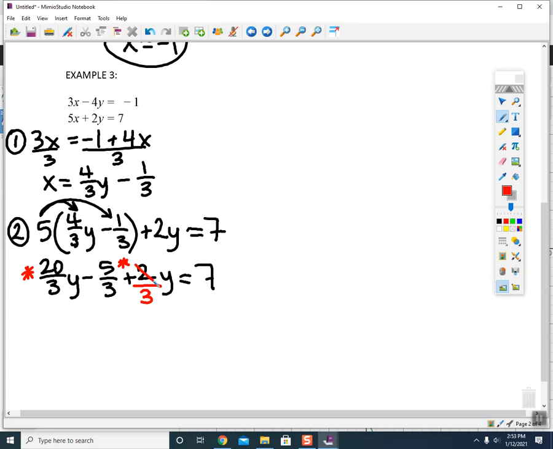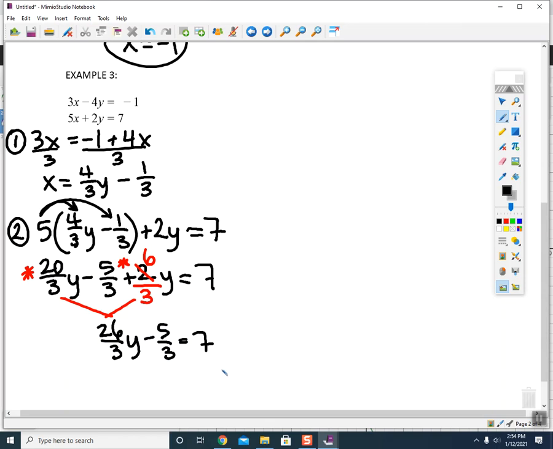So if I change the bottom to 3, that means this top needs to change to 6. Right? 3 divided by 6 is 2. So now I would have 20/3 plus 6/3. So my new y value is going to be 26/3y minus 5/3 equals 7.